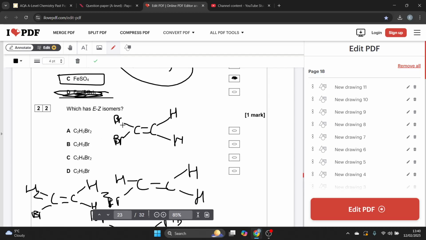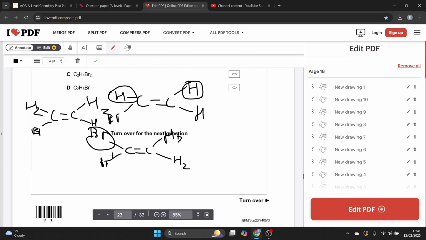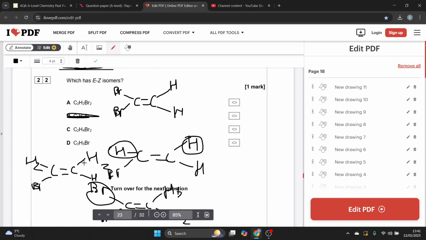In order for it to have EZ isomers, it's got to have 2 different groups, right? I look at B. That appears twice on both sides. It can't be B. 3 of them are the same. If I look at C, same thing. I must have drawn C incorrectly, but yeah, same thing.